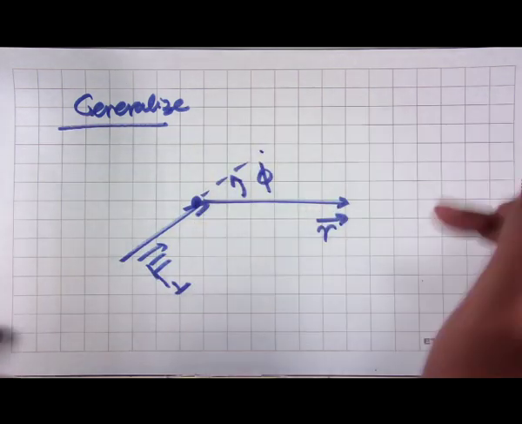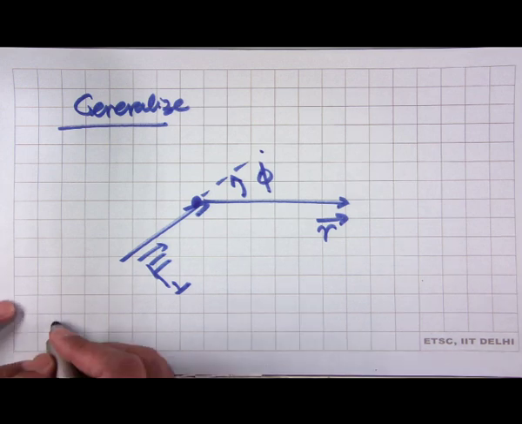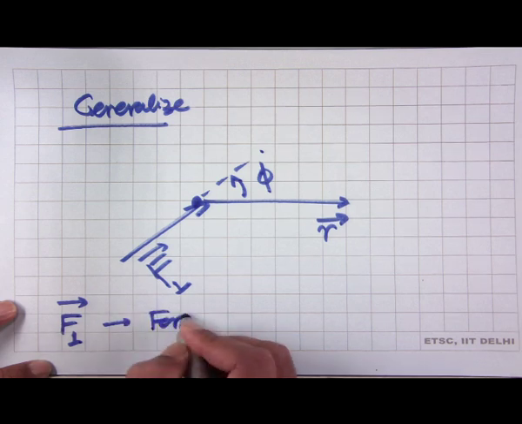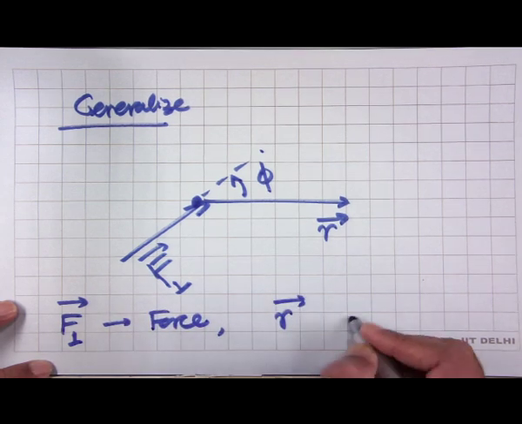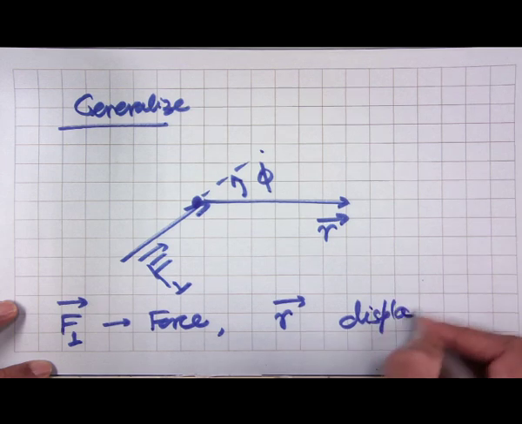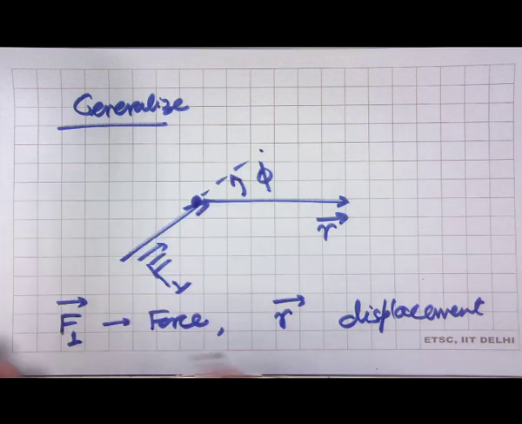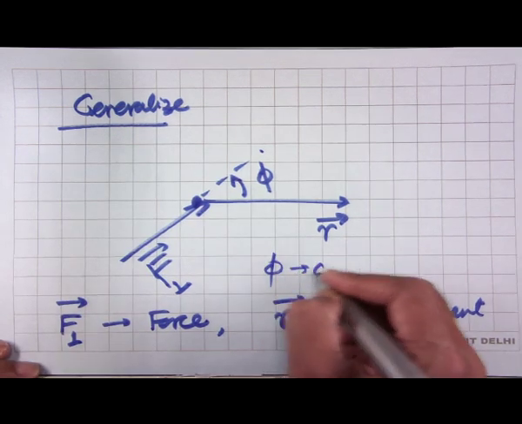Now, for a general case we have three quantities: the force F or F1, R which is the displacement, and the angle phi, which is the angle between F and R. We know the two vectors F and R, and the angle phi is known.